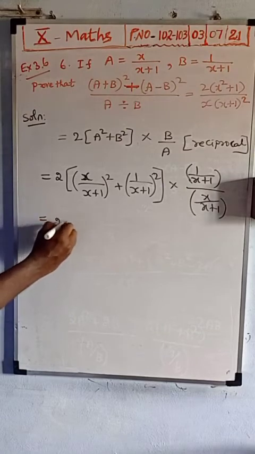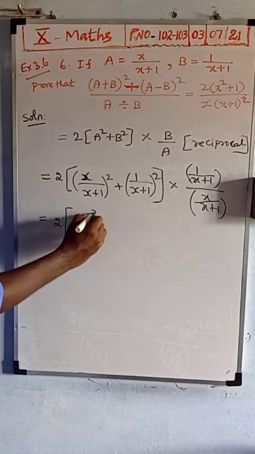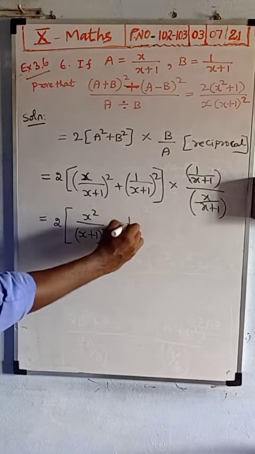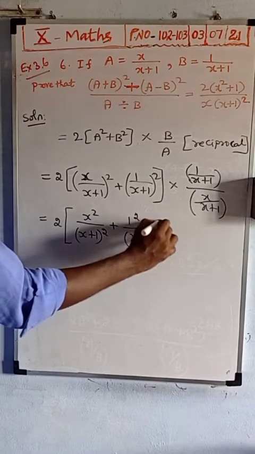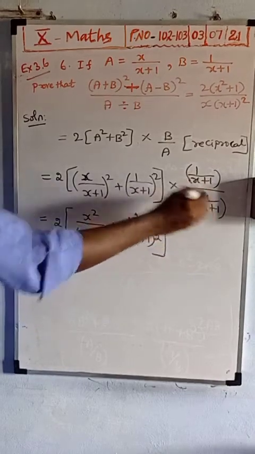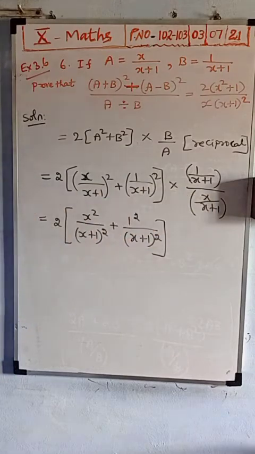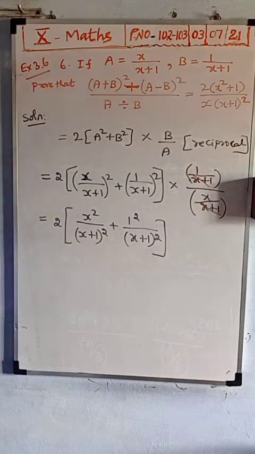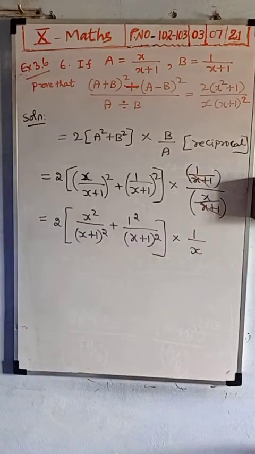Here the square is common for numerator and denominator, so x square divided by x plus 1 to the whole square, like that 1 square divided by x plus 1 to the whole square. This is what you will get, both the denominators are same. So this x plus 1 will get cancelled, because both the denominators are same, and remaining we will get 1 by x.